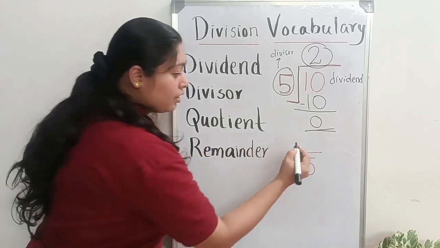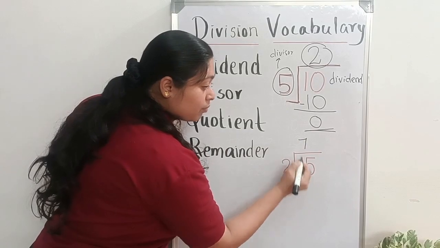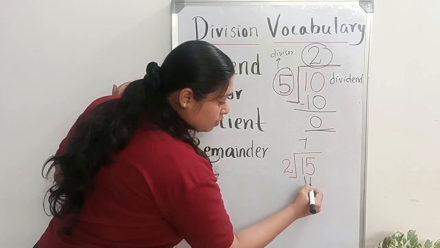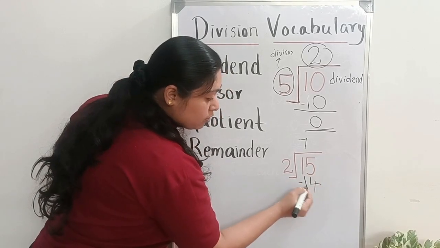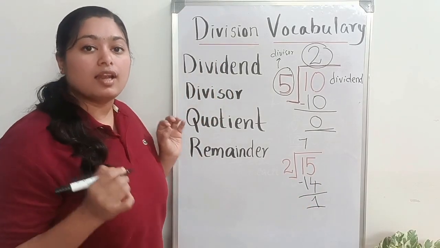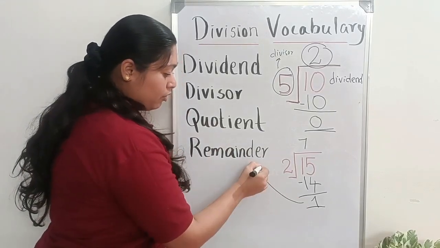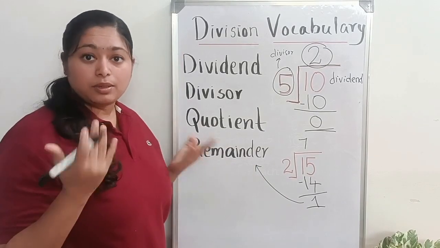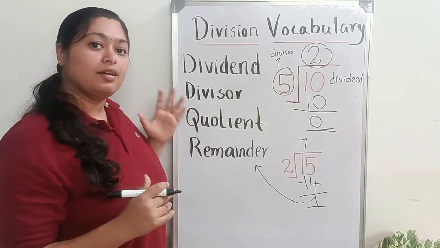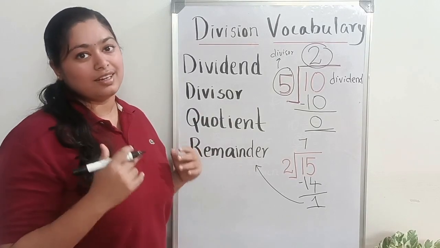Each one of you will get 7 sweets because 2 multiplied by 7 is 14. Now 15 minus 14, you will have exactly 1 sweet left with you, which is your remainder. So if you feel, you can give me that sweet. Okay. So these are the important terms and vocabulary that you need to know when you are talking about division.